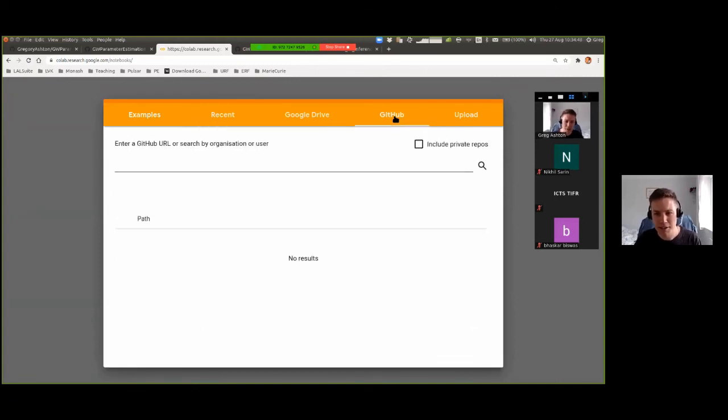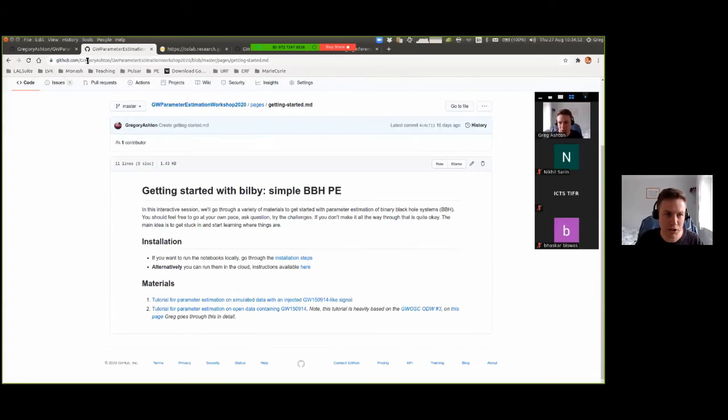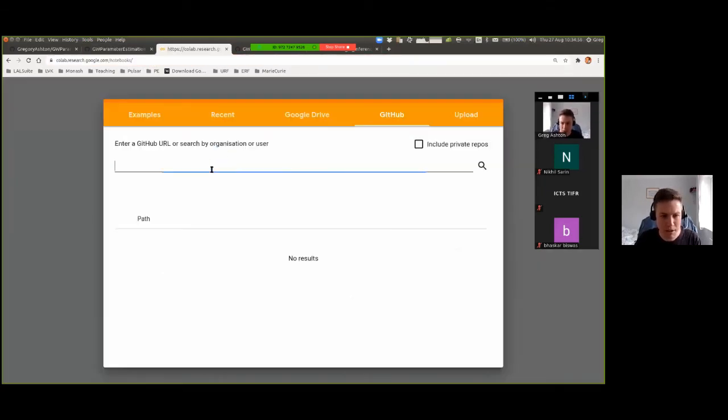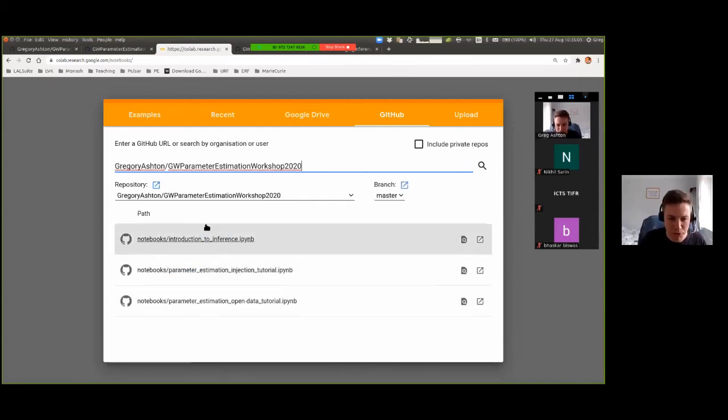Then you hit the GitHub tab, and you need to enter the URL, which is just this part of the GitHub page: Gregory Ashton / GW parameter estimation workshop. If you hit enter, it will bring up the 3 notebooks.